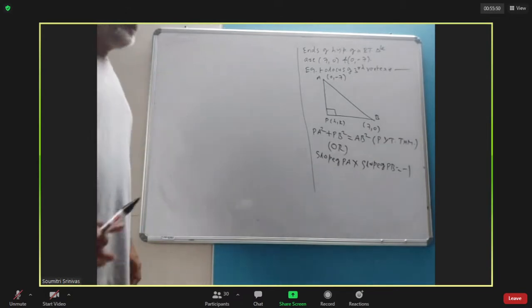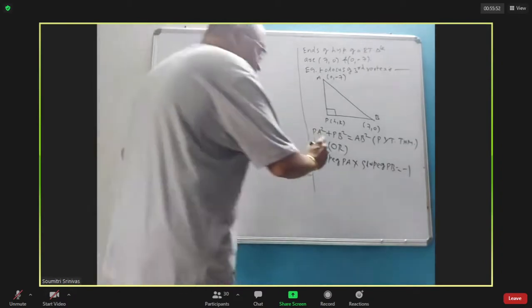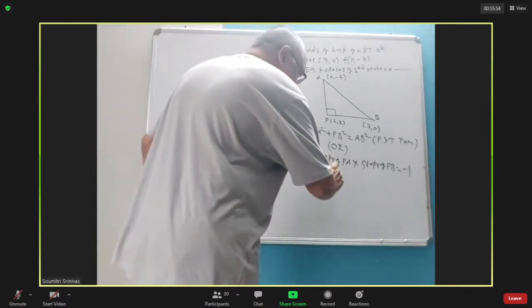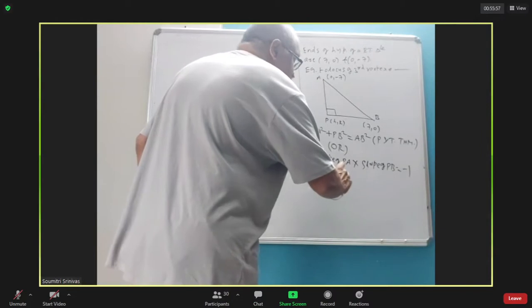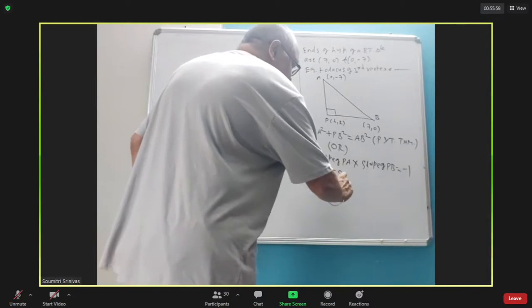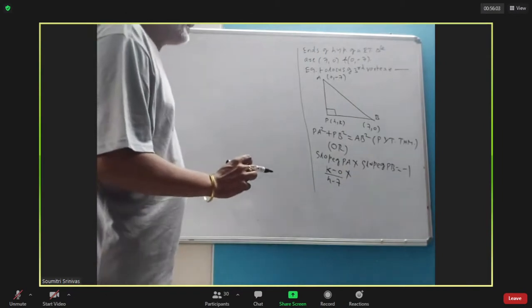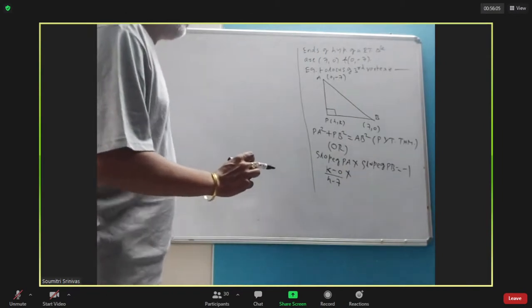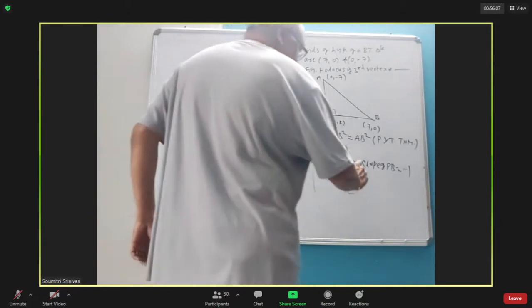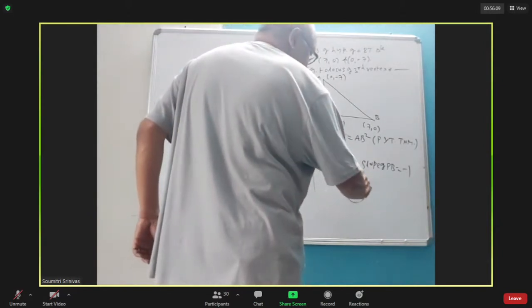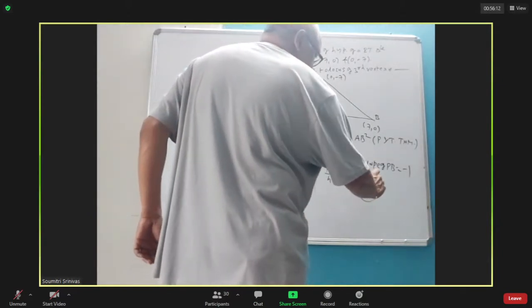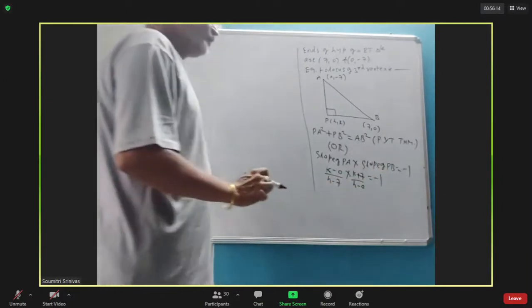What is the slope of PA? (k minus 0) by (h minus 7). Slope of PB? (k plus 7) by (h minus 0). Cross multiply.